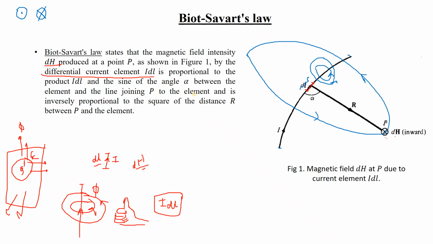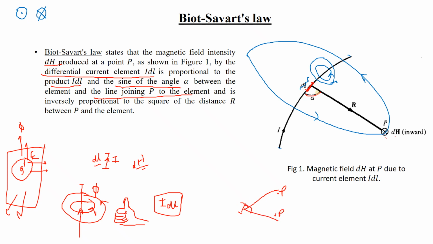So the dH, which is created by IdL, is proportional to the product IdL and the sine of the angle between the element and the line joining P. That means suppose this length is dL, and this point P may not be perpendicular, so there can be some angle. It can be like this. Suppose this is the dL length and point P is over here, so the angle is like this.